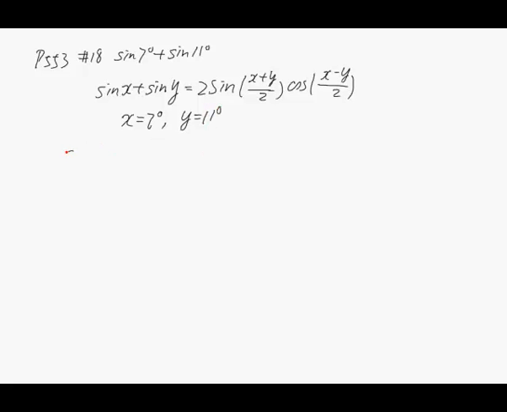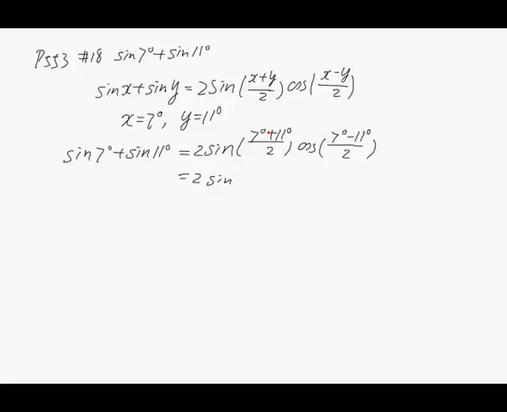Then this original expression, sine of 7 degrees plus sine of 11 degrees, by this identity is equal to 2 times sine of (7 degrees plus 11 degrees) over 2 times cosine of (7 degrees minus 11 degrees) over 2. Then you simplify. You have 2 times sine of 18 degrees divided by 2, that is 9 degrees, right?